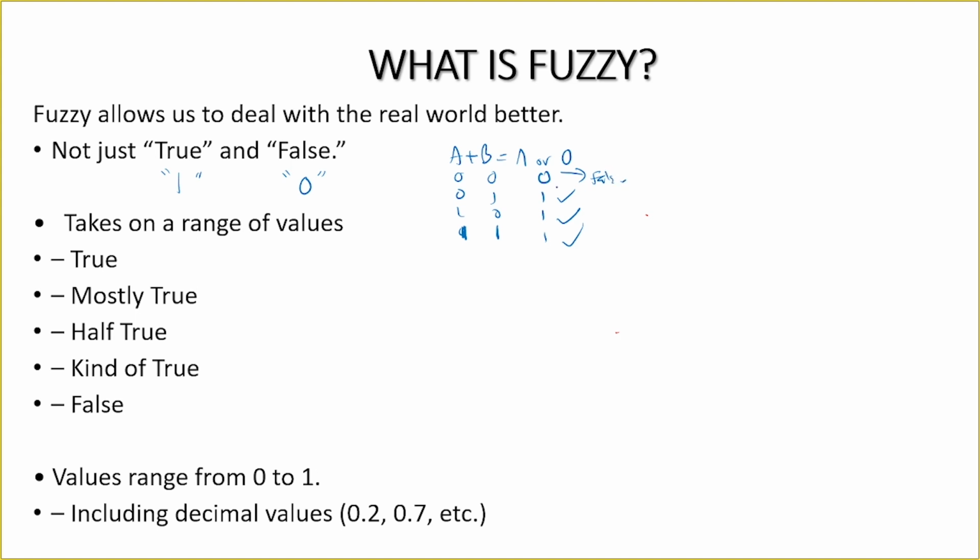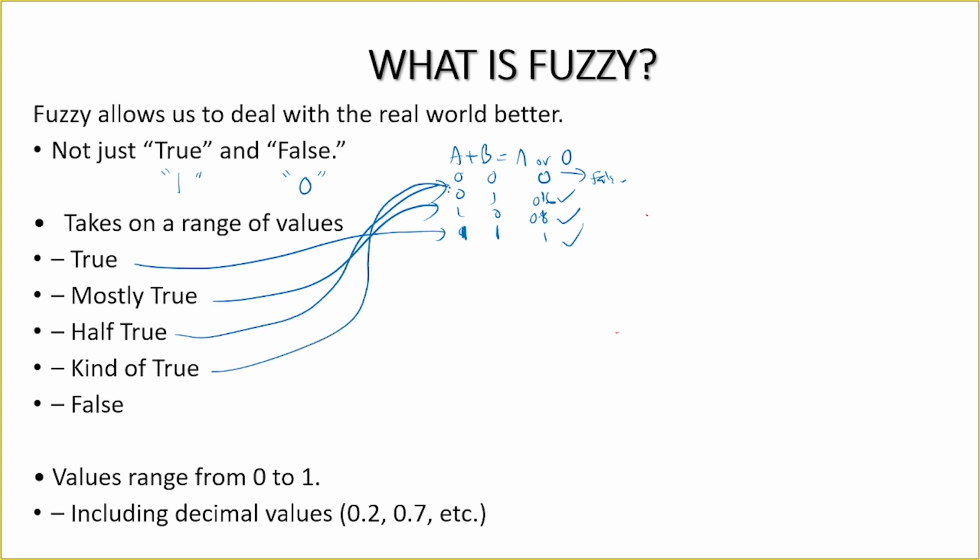However, we have this one, which is true enough. This one is mostly true, for example we change it to 0.8. This one is half true, 0.6. This one is kind of true, we put 0.4 over here, while false over here is 0. So that would be the range of 0 until 1, with the fuzzy level degree of membership, right? The values range from 0 to 1, including decimal values, for example 0.2, 0.7.